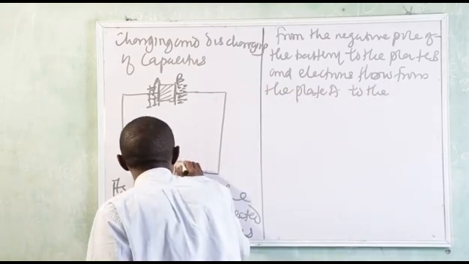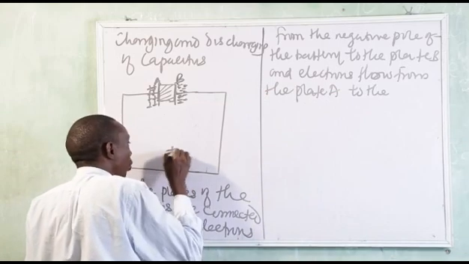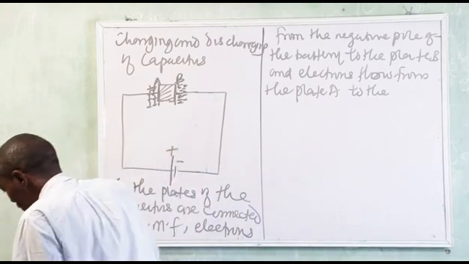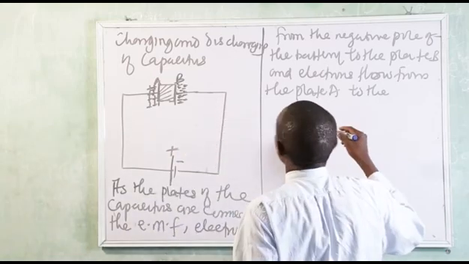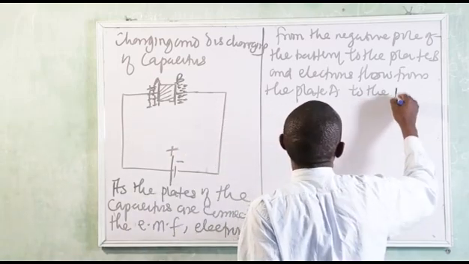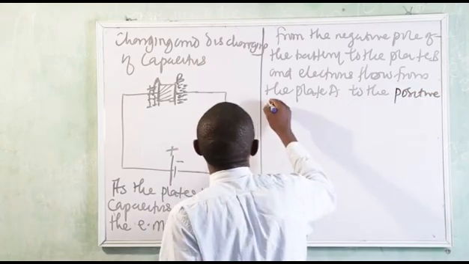This is the negative pole of the battery, this is the positive.